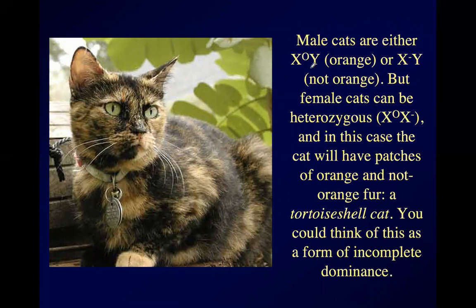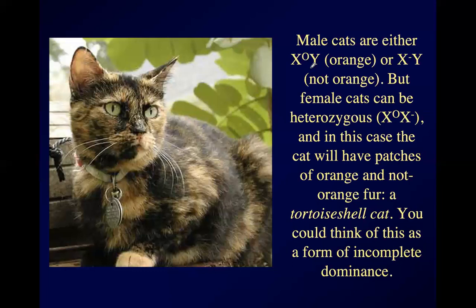They might look black, brown, gray, tan, what have you. Females, however, can be heterozygous. And if you have a heterozygous female cat, the cat develops patches of orange and not orange fur, like this cat seen here. This is called a tortoiseshell cat.